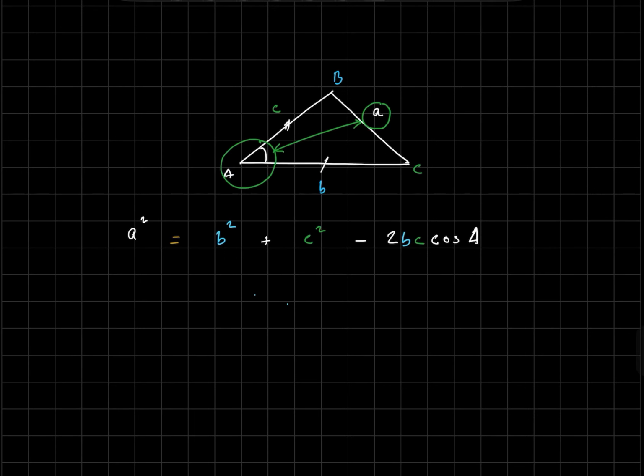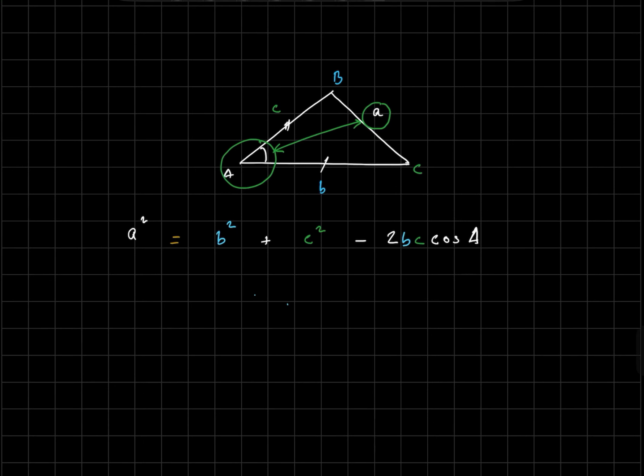I showed that to you a little while ago. And in accordance to that, the sides B and C are the ones that guide the length, isn't it? As B and C change, the side A will also change. So all three have an interdependency.